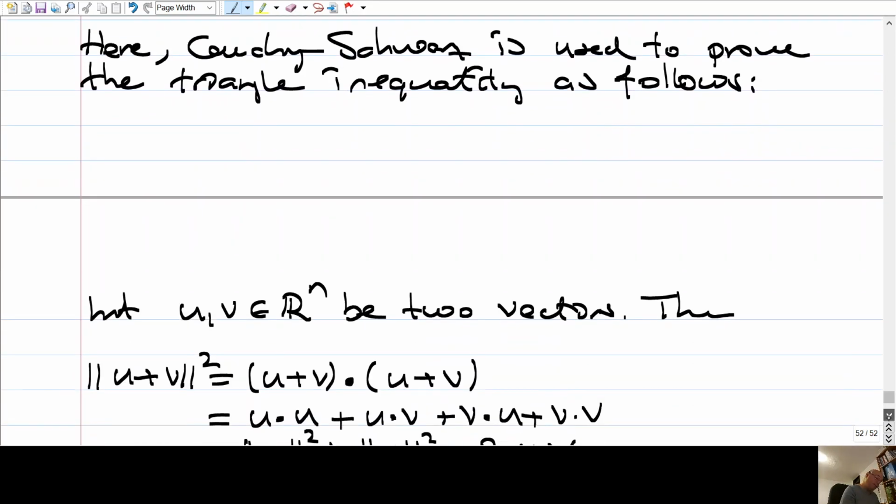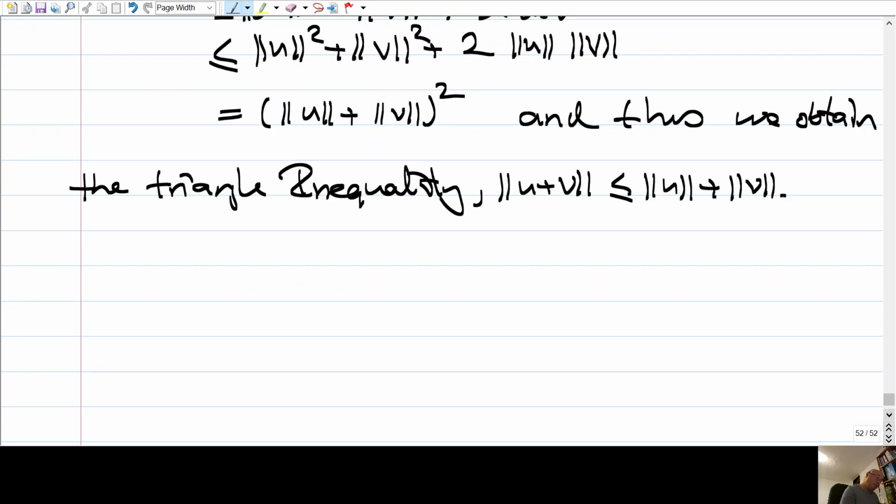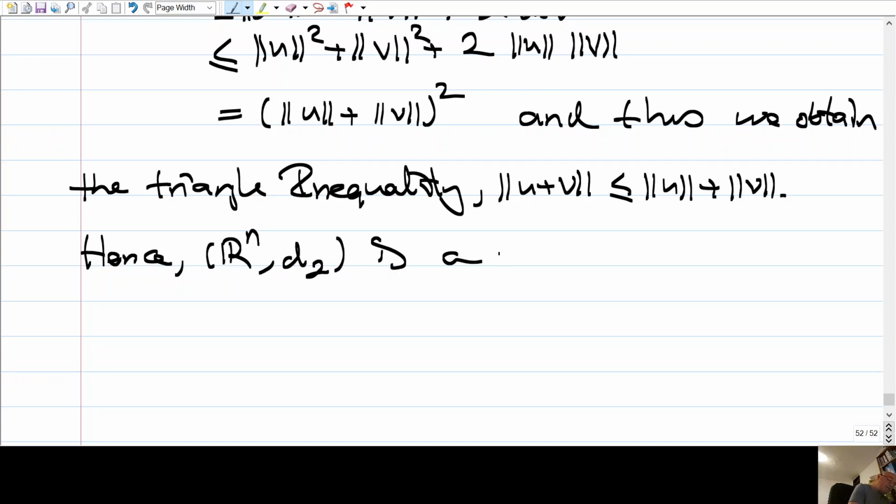Okay, so hence Rn with this metric D is a metric space. Actually, I will call this metric D2. D2 metric is a metric space, where D2 is this one.